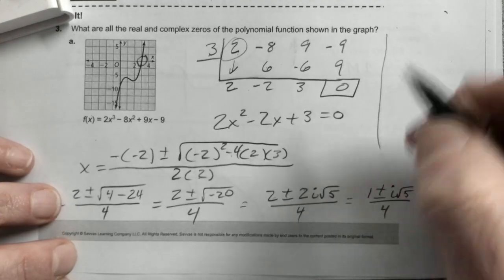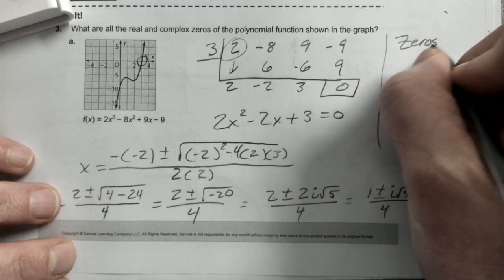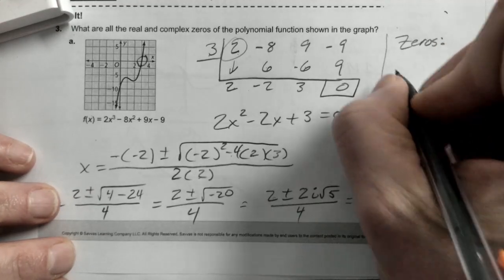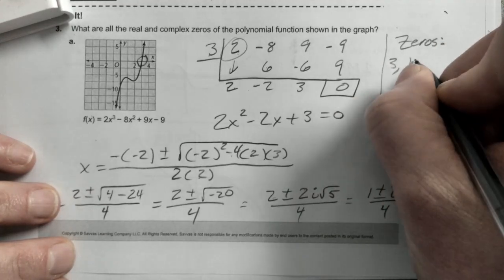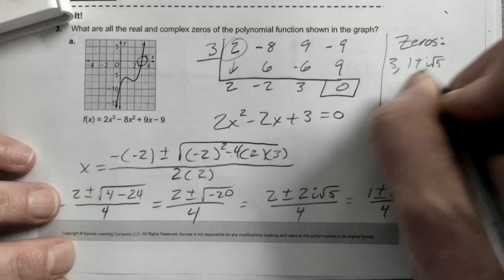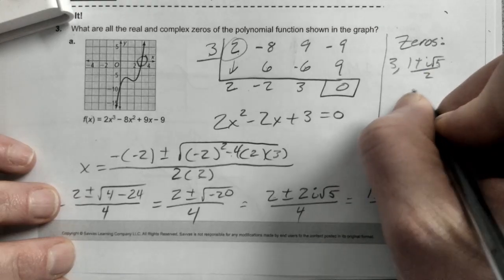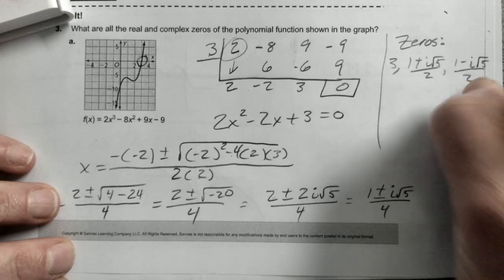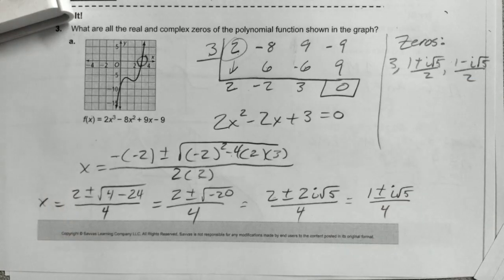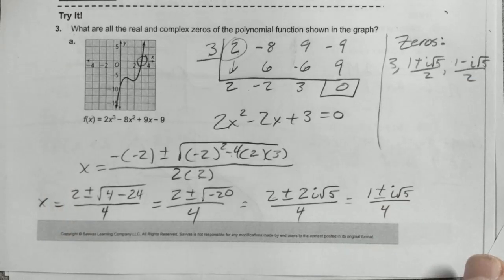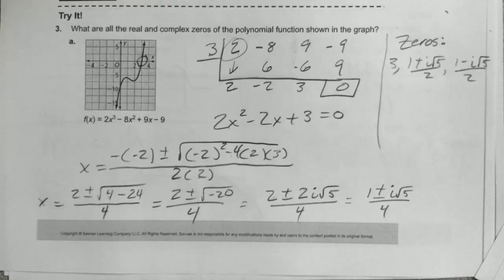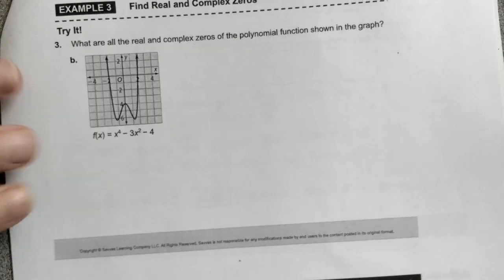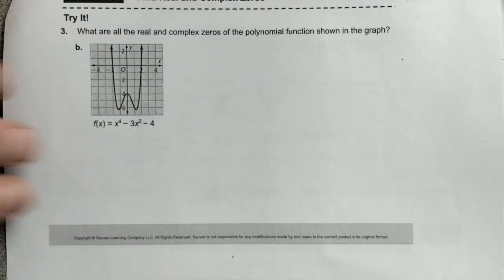So the zeros are 3, 1 plus i root 5 over 2, and 1 minus i root 5 over 2. So all 3 of our zeros. If I'm going too fast, that's okay. You can absolutely pause to catch up.